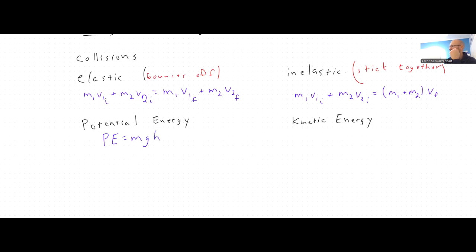Gravitational acceleration, which is 10 or 9.8. Mass times weight, the force of gravity, times height. How do you calculate the force of gravity? mg.